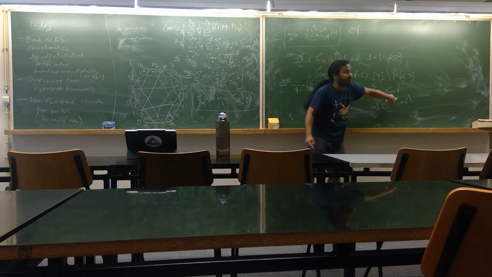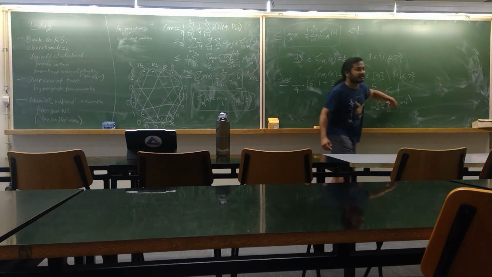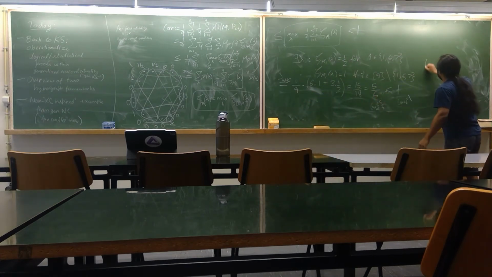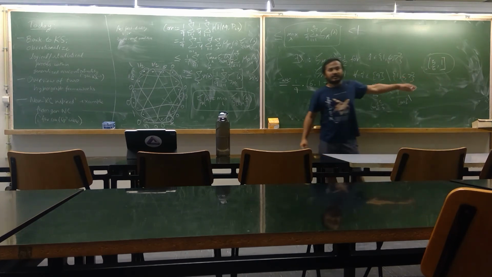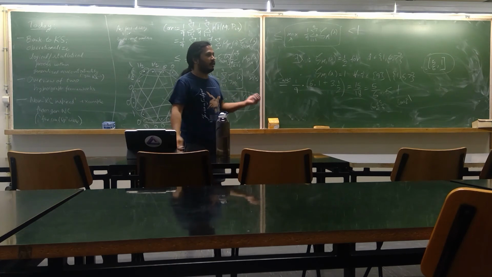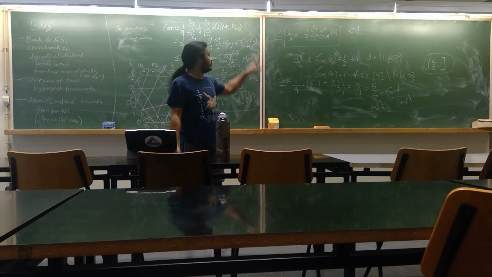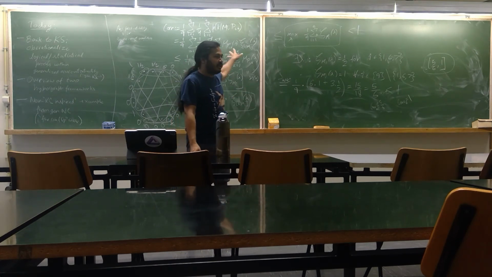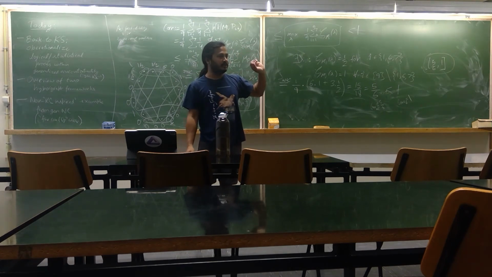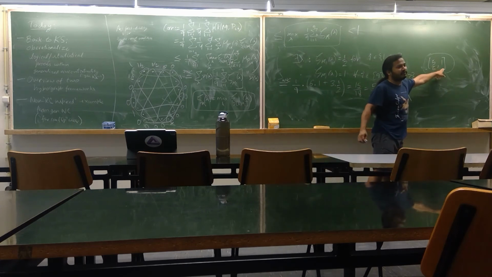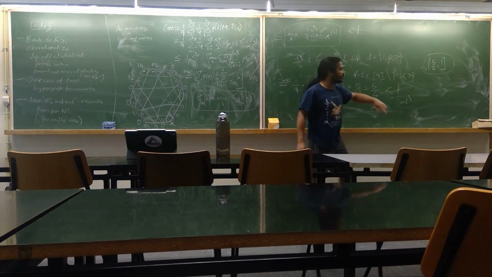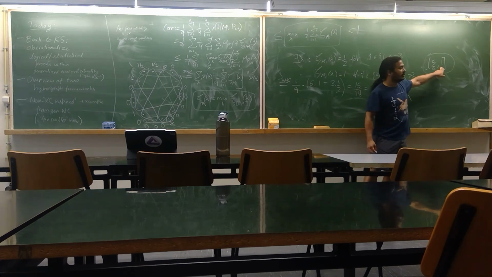Yeah? And so the gap between these two, it's important to note that there's a finite gap between 5 over 6 and 1. This is the regime in which you can hope to witness contextuality using this inequality, as long as your measurements are sufficiently sharp, sufficiently precise, that you go just over 5 over 6, even if they're not perfectly projective. If they're perfectly projective, you'll achieve 1, right?